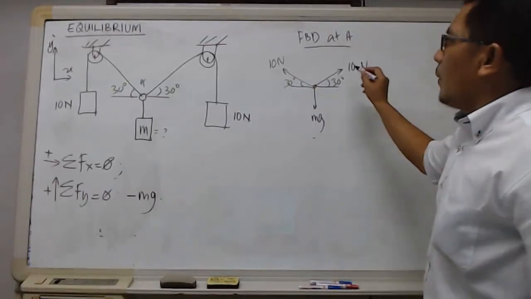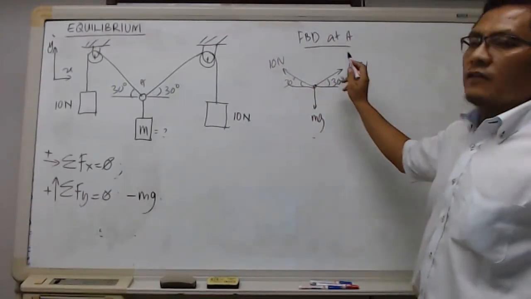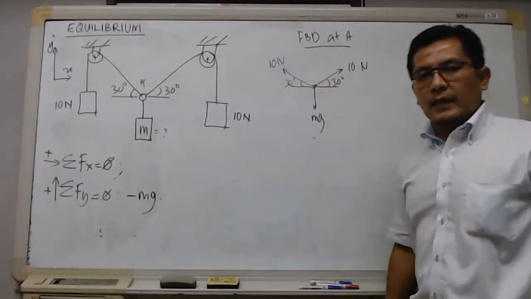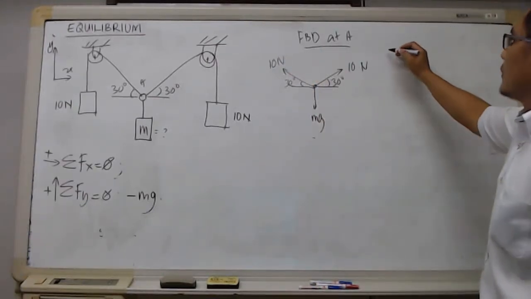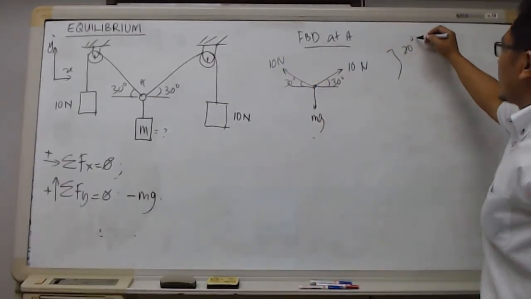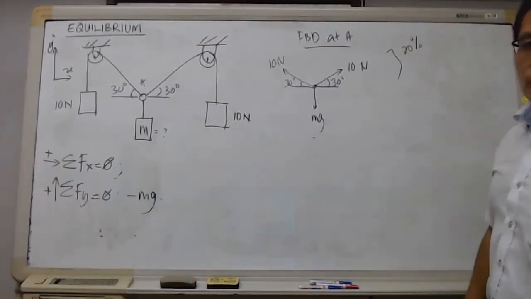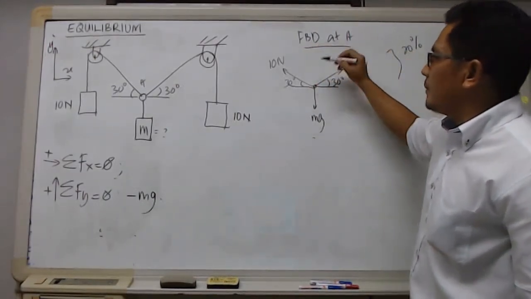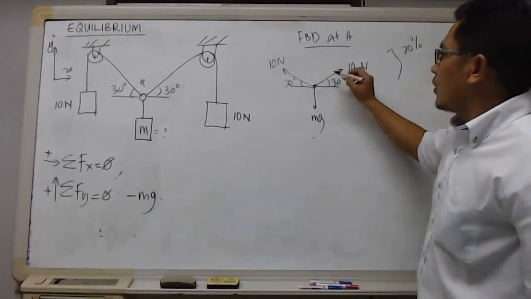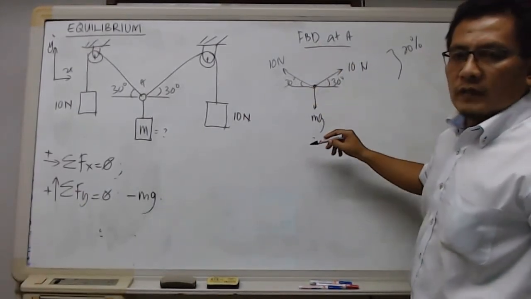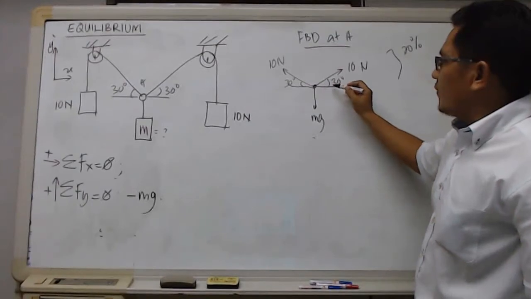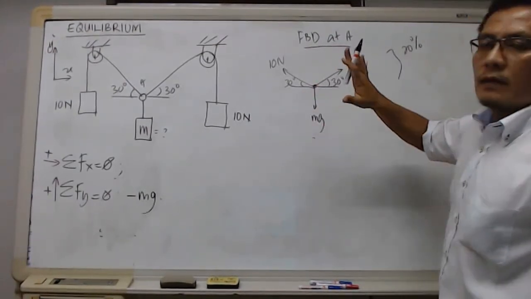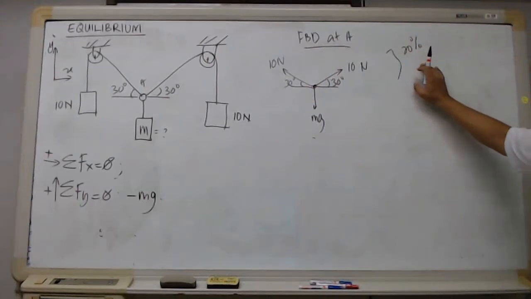So this is the complete FBD that you must draw whenever you do the assignment, the quiz, the test, and the exam. Normally I'm giving about 20% of the marks for the correct FBD. That means in the FBD you must clearly say what the FBD is about, at point A, show all the forces involved, label them, whatever angle given, put it there, whatever value given, put it there. If you draw it correctly, you normally get 20% of the marks.